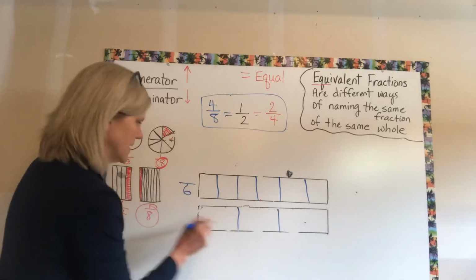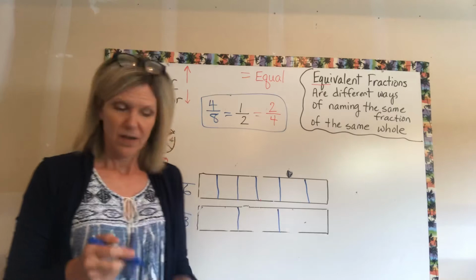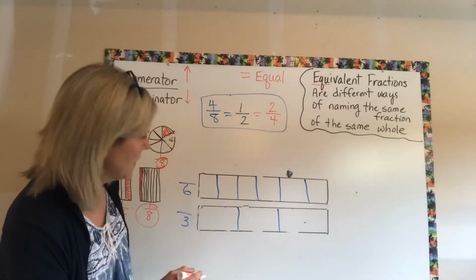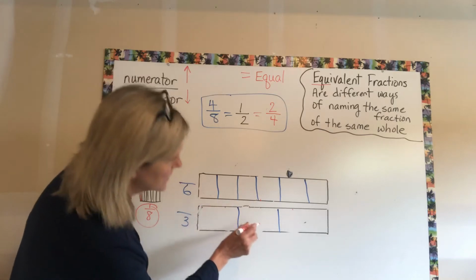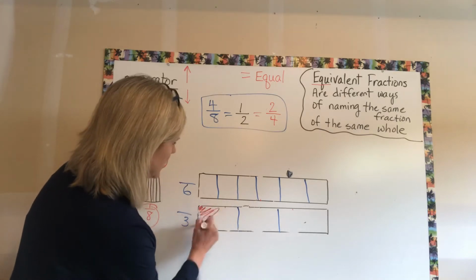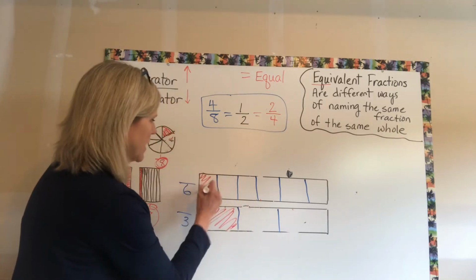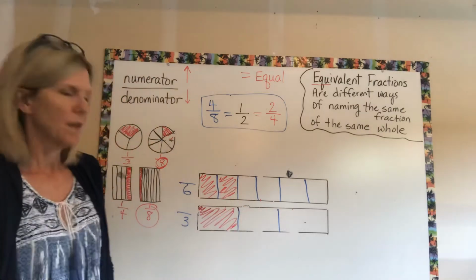This one is divided into thirds, right? 3 pieces. Okay, and we're gonna shade 2 of these, and one of those are equivalent.